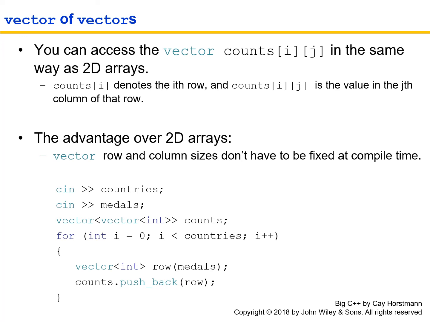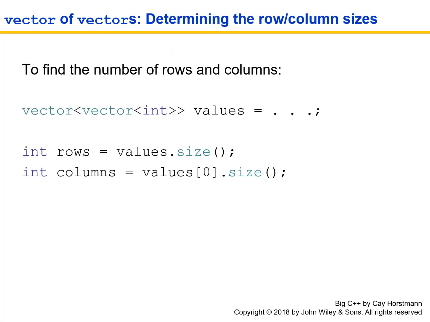The only advantage of vectors over 2D arrays is that vector row and column sizes don't have to be defined at compile time. And if you pass them to a function, you can just pass it as a single variable instead of having to define the column size.